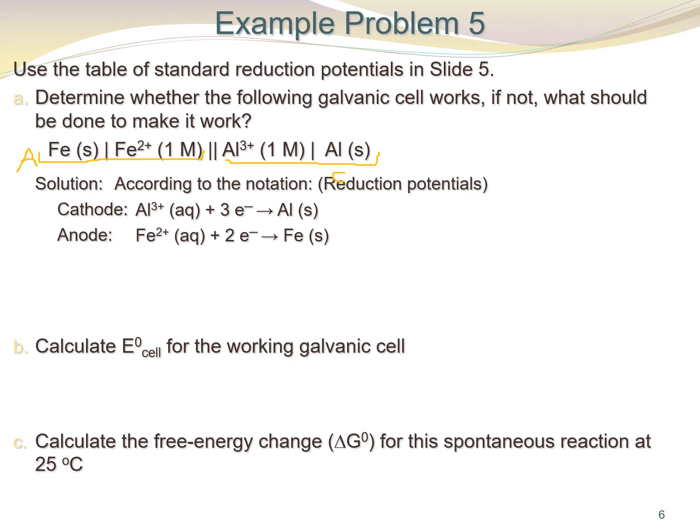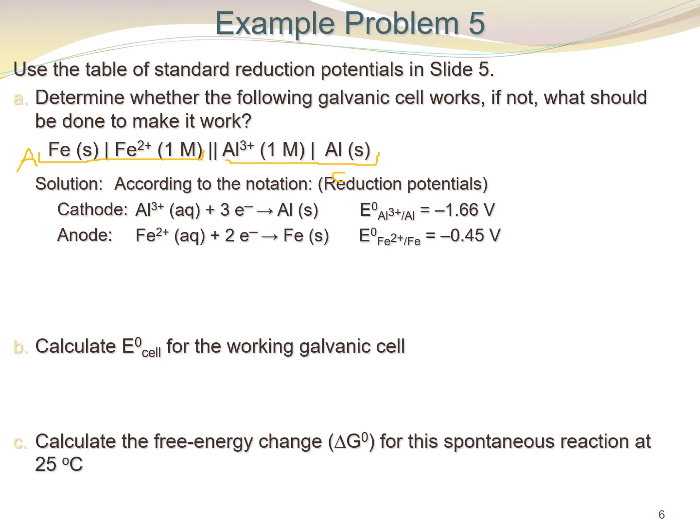You may start to think this is a little awkward, because we understand that at an anode there's oxidation going on. Why do we suddenly write them as reductions? Because we are going to use the values of reduction potentials for each reaction. As we copy down the value, we find that iron has negative 0.45 volt.